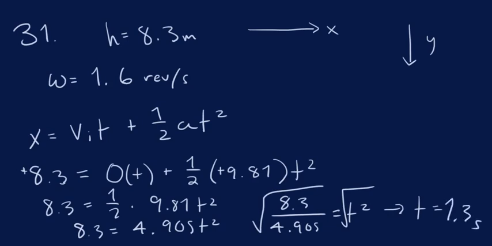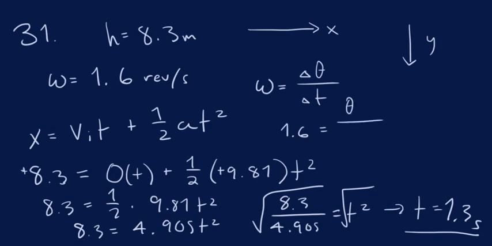And from here, since we know that the angular velocity equals the change in displacement over change in time, omega equals 1.6. We don't know theta, and t equals 1.3.